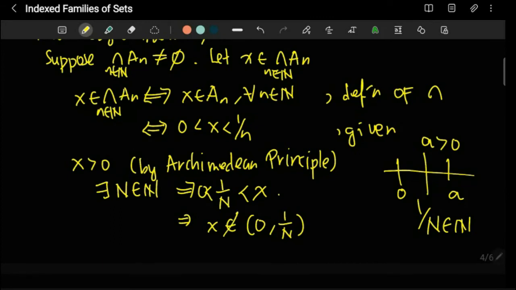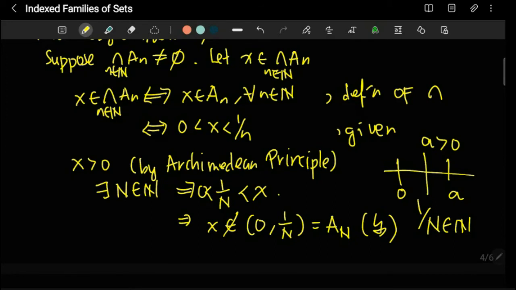Wait. This set 0 to 1 over n, isn't it true that this is A sub n? That's A sub capital N, because that's how we define A sub n: the open interval from 0 to the endpoint. Now, we're saying that x does not belong to that set. That's absurd. That's a contradiction, right?